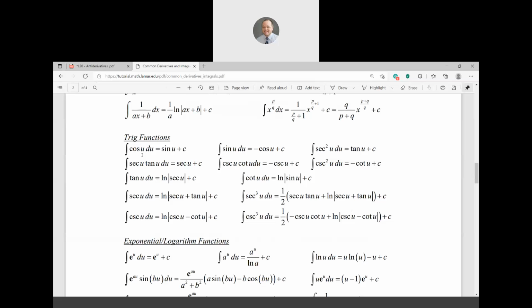The integral of cosine u du is sine of u plus c. The integral of sine u du is negative cosine u plus c. Next, the integral of secant squared u du is tangent u plus c.